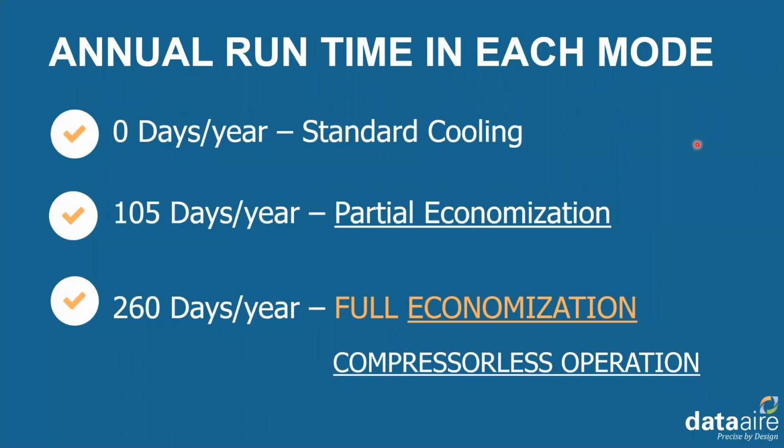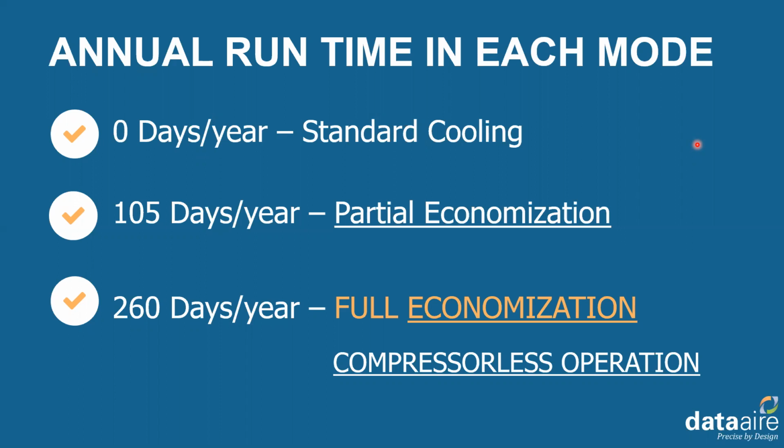Another way to look at that may actually be a little simpler is we can look at the runtime in each mode in terms of days per year. So we have 0 days per year with compressors operating, no economizer. We have 105 days per year at One Wilshire with partial economizer, and 260 days a year we're on full economizer with no compressor operation.